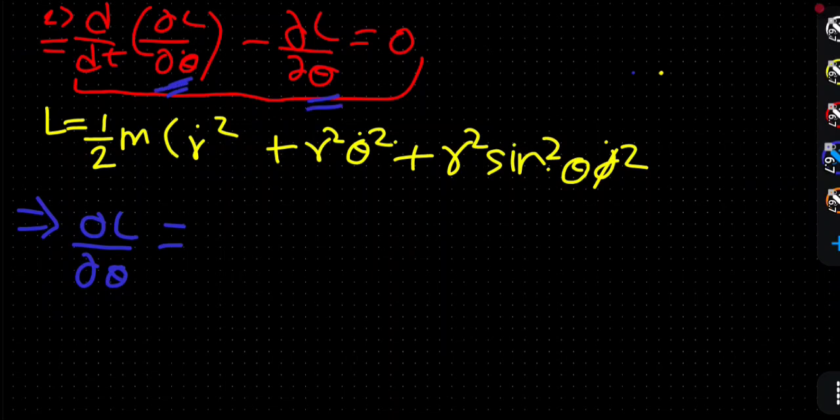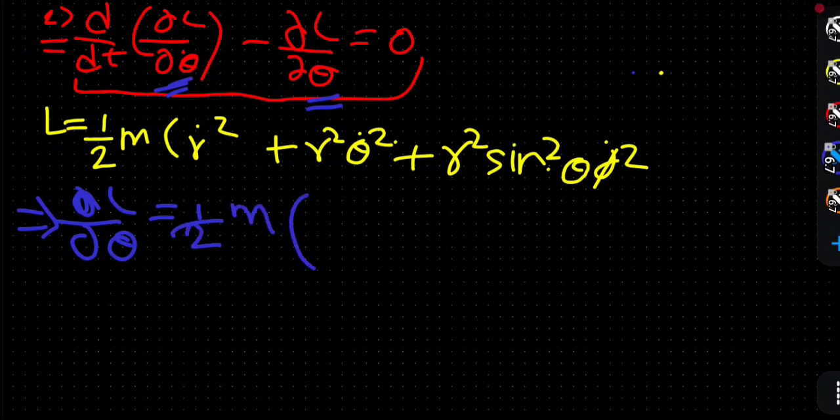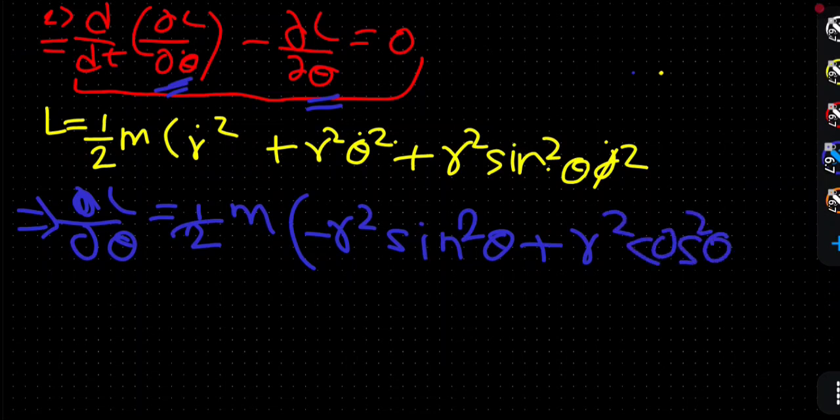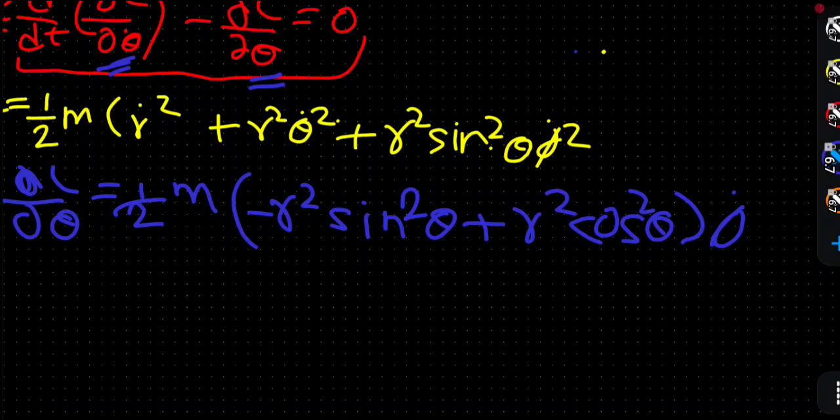So del L by del theta is equal to 1 by half mass into, this term will become 0, and if I'm doing it with respect to theta, this is also 0, and the only term we are left with is this term, which is r square sine squared theta phi dot square.